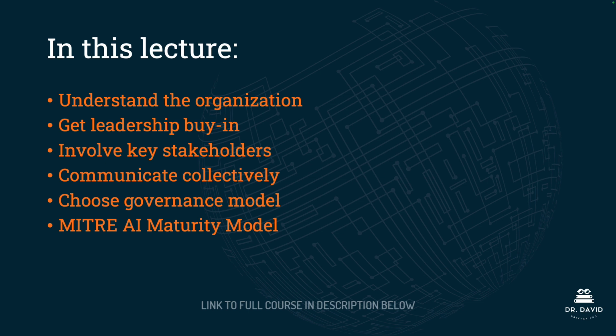If you're glancing at our lecture outline, most of this is going to look very familiar to you, and most of the headlines will be redundant. We've talked about getting leadership buy-in, involving key stakeholders, and communicating collectively. Those are things that you've seen before.